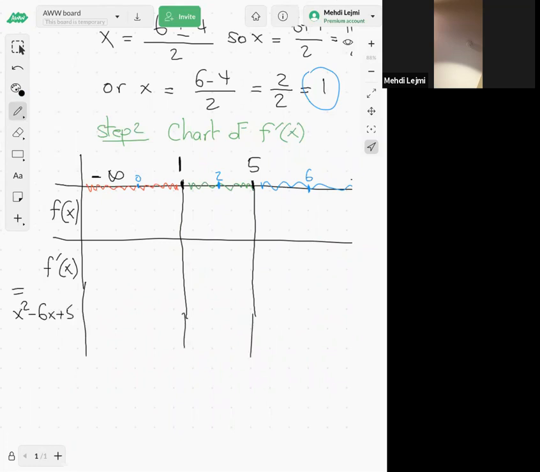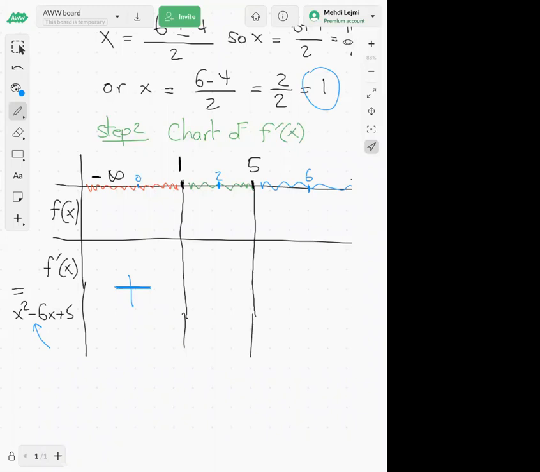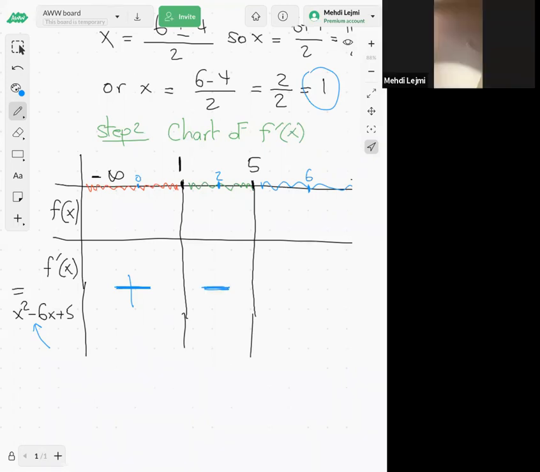So I'm gonna plug 0 here in f prime. So that's 0 minus 0 plus 5. That's positive 5. If you plug 2, 2 squared, that's 4, minus 12, that's negative 8, plus 5, that's negative 3. Any question, guys?